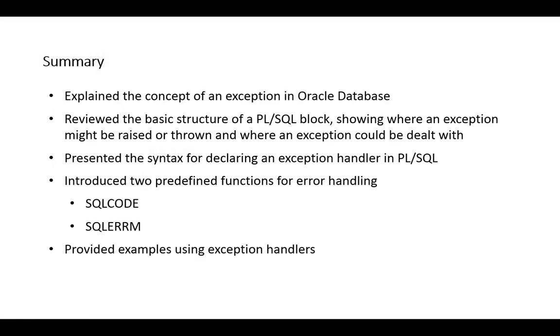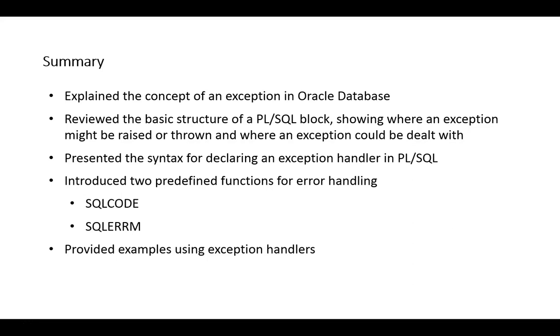So what have we covered in this video? Well, first we explained the concept of an exception in the Oracle database. We reviewed the basic structure of a PLSQL block, showing where the exception would be raised or thrown, and where an exception could be dealt with. In the case of user-defined exceptions, we indicated where that exception would be declared. We presented the syntax for declaring an exception handler in PLSQL, and we provided several examples of doing this within PLSQL code.